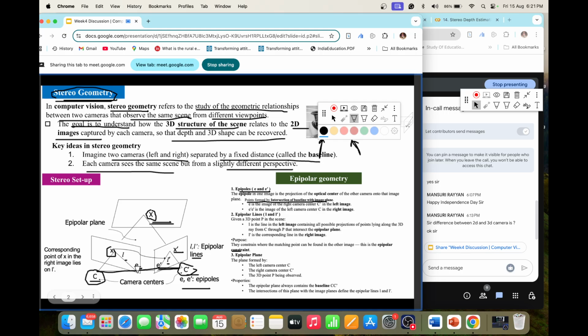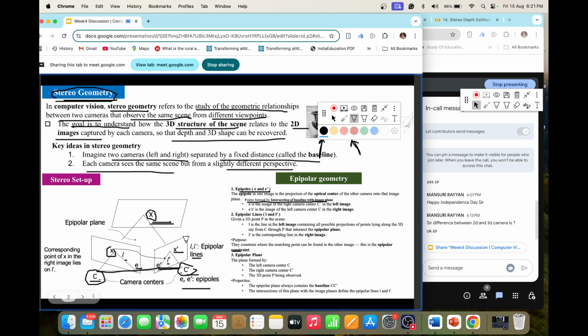The baseline is the line connecting the two camera centers C and C dash. The point at which this baseline intersects the left image plane is known as the left epipole. Similarly, the point at which the baseline intersects the right image plane is known as the right epipole.